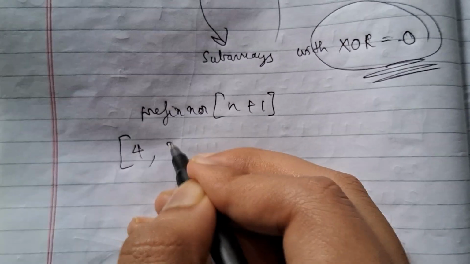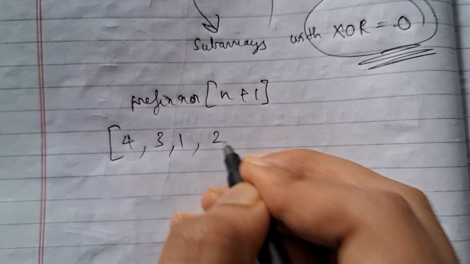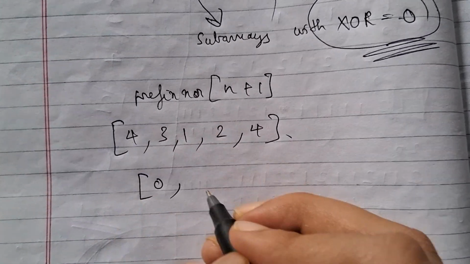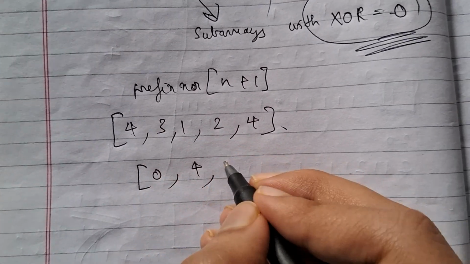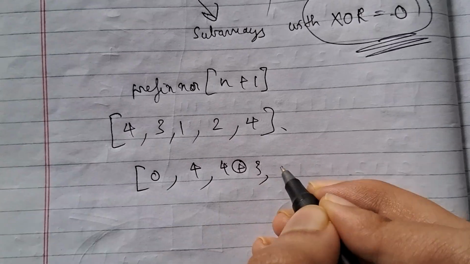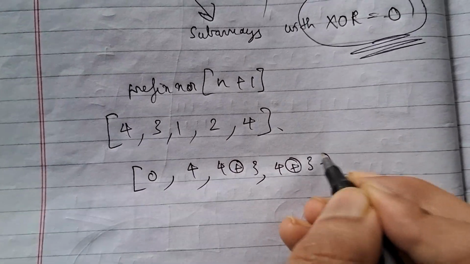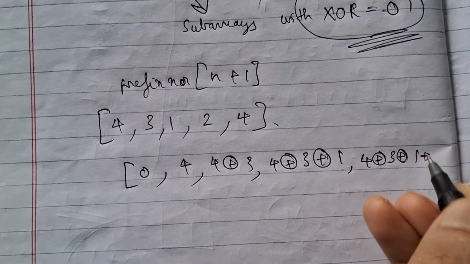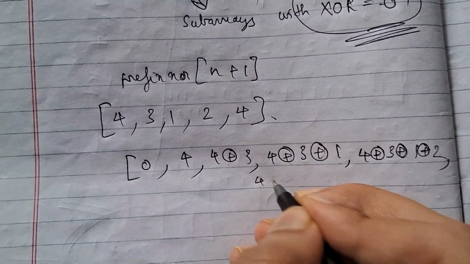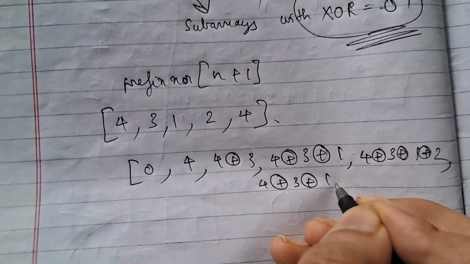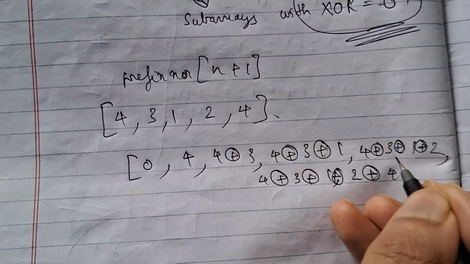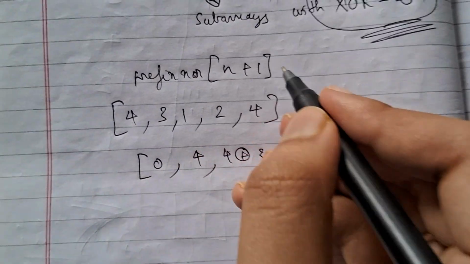The prefix XOR will be 0, then 4, then 4 XOR 3, then 4 XOR 3 XOR 1, then 4 XOR 3 XOR 1 XOR 2, then 4 XOR 3 XOR 1 XOR 2 XOR 4. Okay, so this is going to be our prefix XOR.